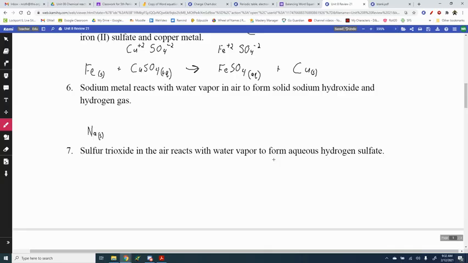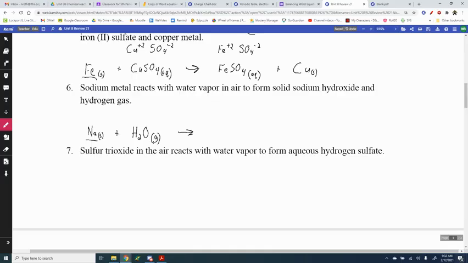So that's why, like when we had straight iron and straight sodium here, I didn't worry about charges because they are not bonded to anything, so they don't have a charge. They're just neutral. Okay. So plus water vapor. So water vapor is H2O gas, because that's what a vapor is, in the air to form solid sodium hydroxide.